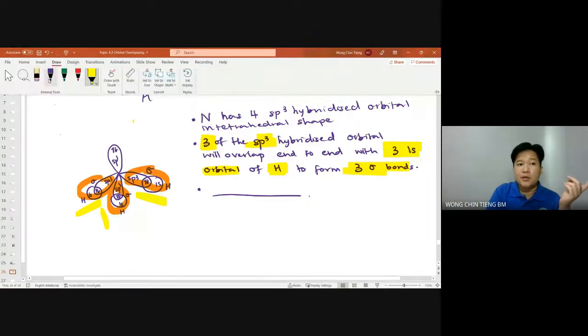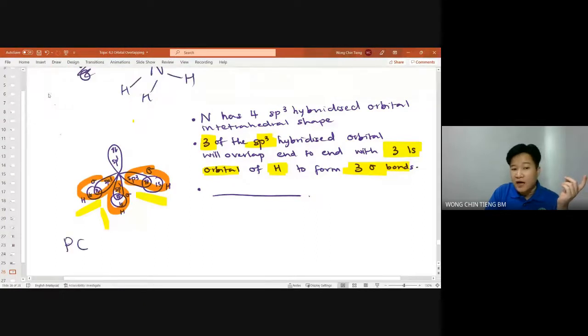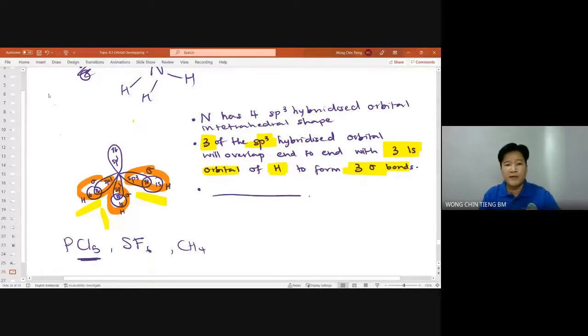Soalan-soalan macam ni, kamu boleh apply untuk PCl5, kamu boleh apply untuk SF6, benda yang sama kita duk jumpa, betul? CH4 juga, soalan-soalan yang sama. Kalau semua overlap dengan chlorine, aku nak tulis ayat yang sama 5 kali, tak payah.